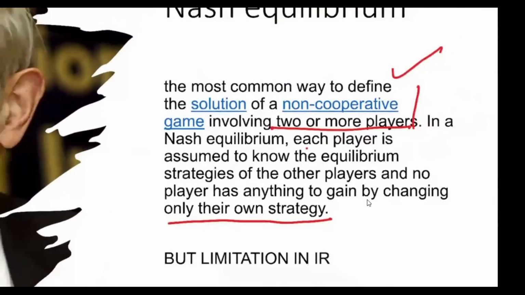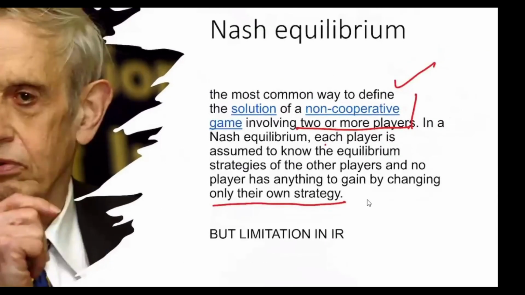So Nash equilibrium in a game of multiple players is a strategy that leads to an outcome in such a way that one can't gain unless the other loses. So Nash equilibrium is a kind of an optimal strategy.